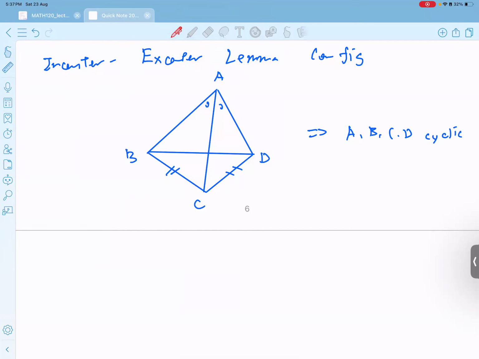So BAC is equal to CAD, so these two things are equal, and BC equals CD.